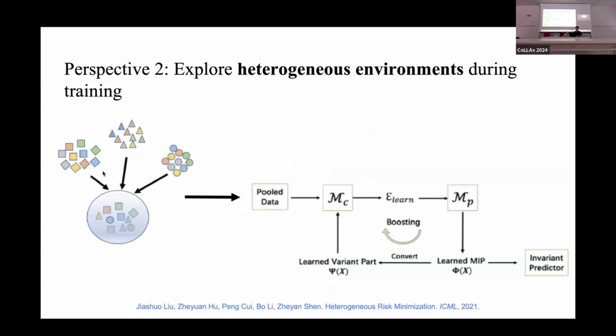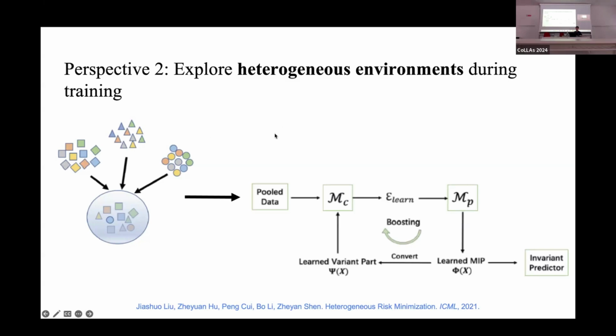Here we just show one very first work in our group, which is called heterogeneous risk minimization. The overall architecture is like this, and it involves two modules. The first one, MC, is a clustering module to split the dataset into different parts. The second module, MP, denotes the invariant prediction model.